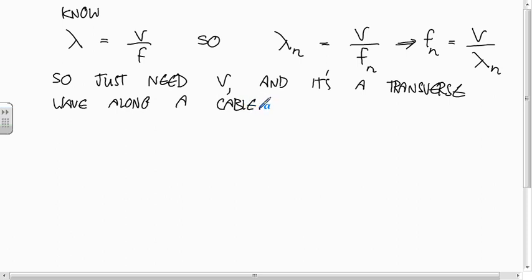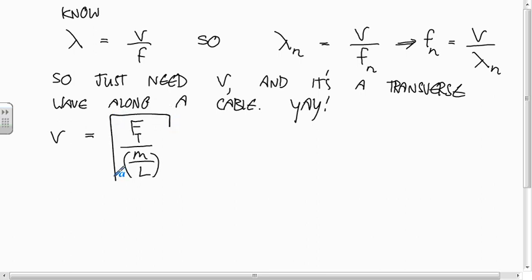Yay! We know that one. The wave speed is equal to the square root of the tension divided by the mass per length. That was given before.